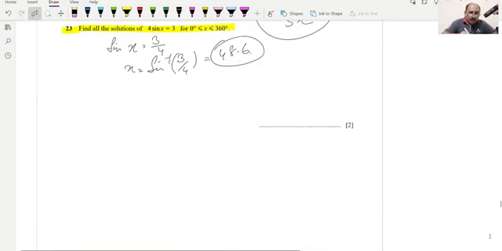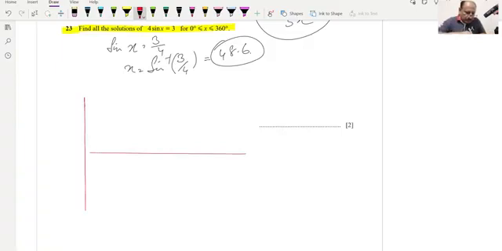So to draw the graph, we can take the y-axis like this one, and the x-axis we can draw like this. So this is our x-axis, and this is our y-axis. And then we can draw the sine curve. I will redraw the sine curve like this one.